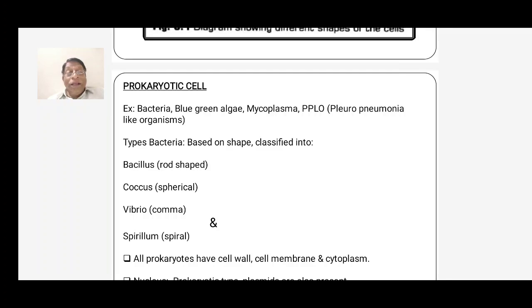The organization of the prokaryotic cell is fundamentally similar, even though prokaryotes exhibit different shapes and functions.